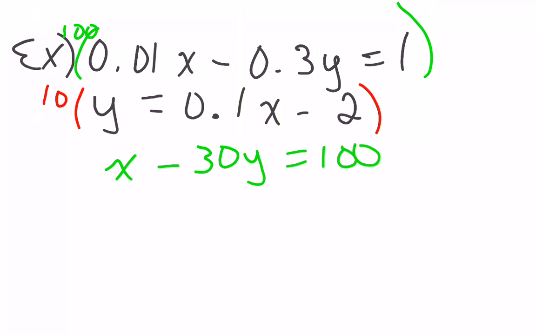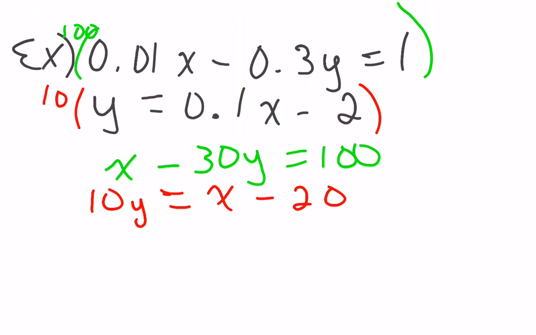And the second one, y times 10 is 10y. 10 times 0.1 is 1x. And then 2 times 10 is 20. So this would be the equivalent system.